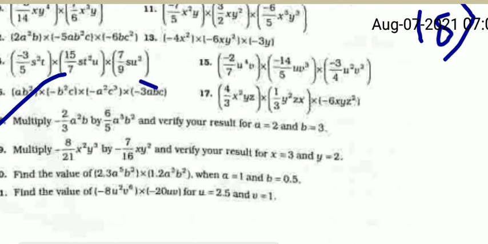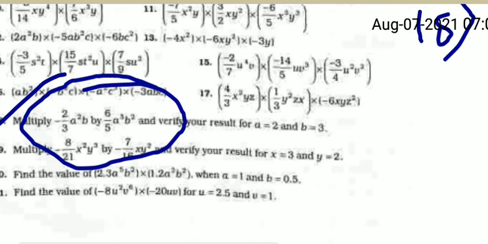First you have to multiply this, and then verify the result by putting the value a is equal to 2 and b equal to 3. Okay, so how will you do this?